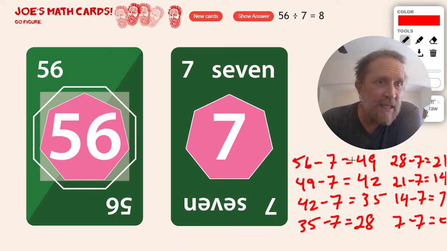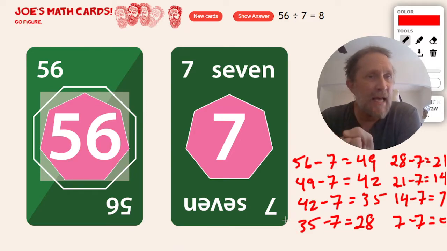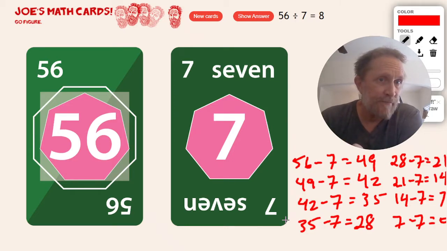So what you can see here is that I've started at 56. I've subtracted 7, 8 times, right? So 56 divided by 7 is 8, because 8 is the number of times I can subtract 7 from 56. Okay?